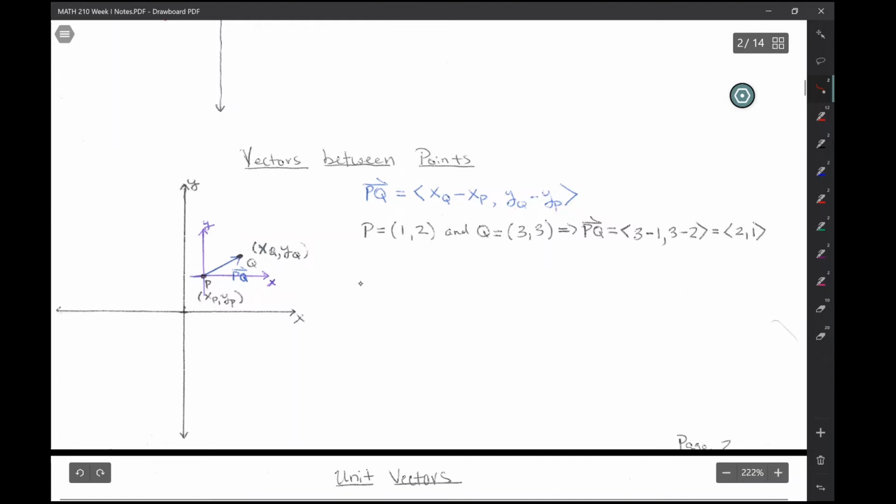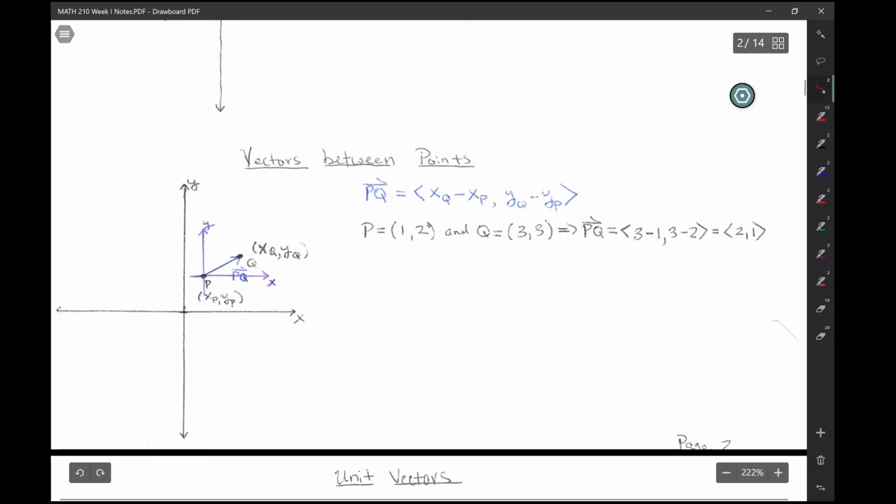So here's a little example. If you have the point P, which is (1, 2), located right there, and you have the point Q, (3, 3), located right there, and you want the vector that starts at P and ends at Q, well, you take the x component of Q, which is 3, and you plug it in there, and then the x component of P, which is 1, and you plug it in there, and that's where you get 3 minus 1.